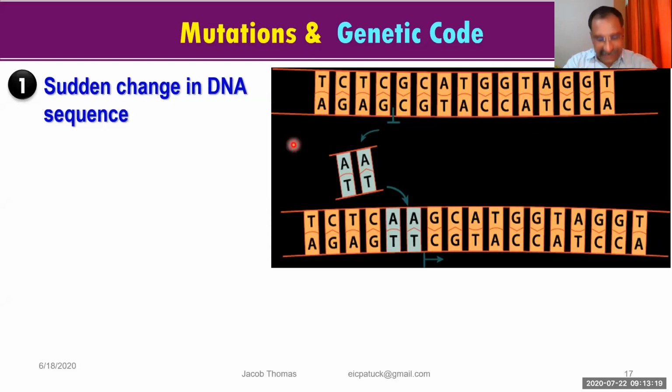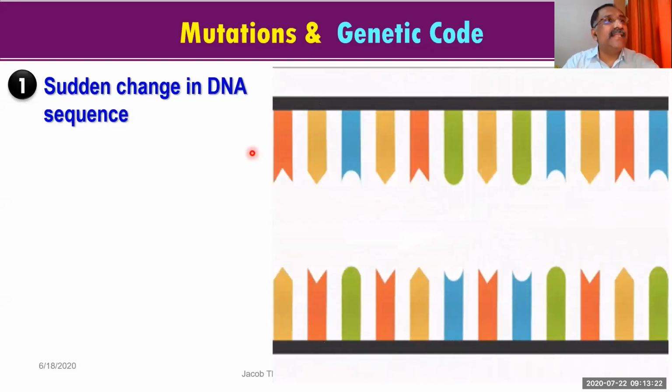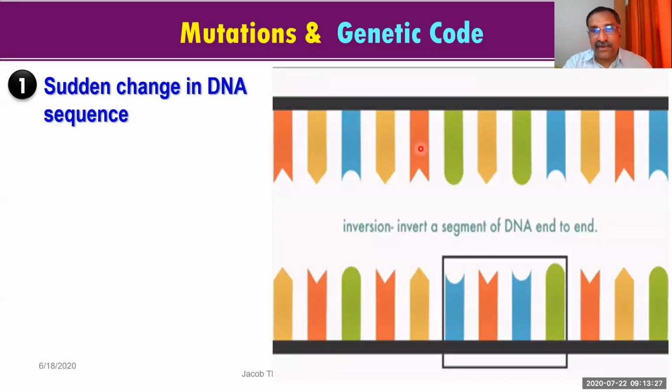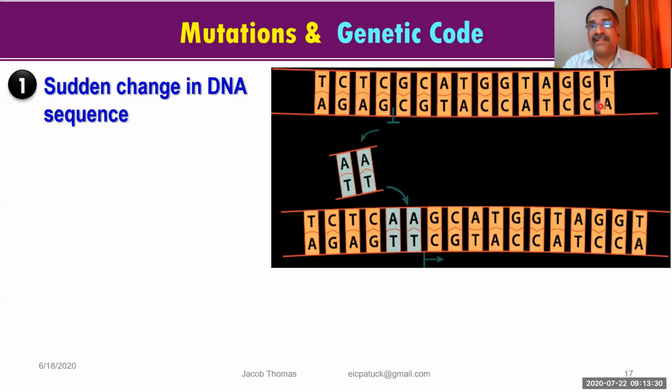So what it says here, you can see in the DNA the sequence that is given over here. In the previous slide I have shown the sequence. Now look at the sequence. These are the nitrogen base sequence. Imagine that somewhere in this sequence two nitrogen base pairs are added. If it is added in the first generation, and in the second generation it is again normal, then this is not a mutation.